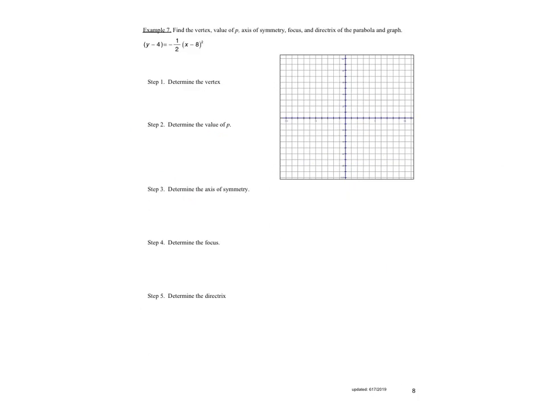Now this next example is trying to trick you because the equation has not been given to you in standard form. Okay? In standard form, the bracket that is squared is on a side of the equation by itself. So actually we need to rearrange here algebraically by multiplying by -2 on both sides.